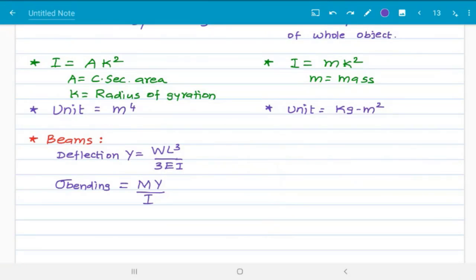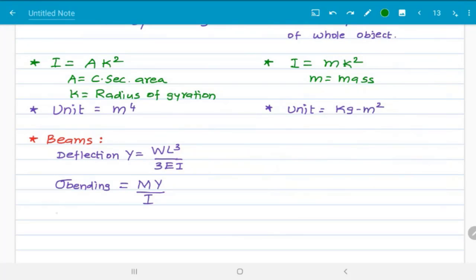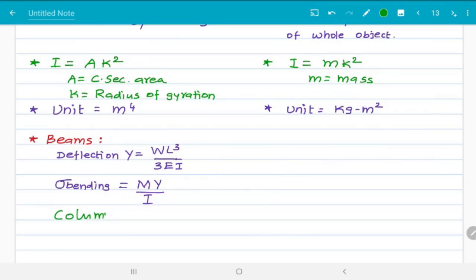Then in case of columns, the buckling formula, right?